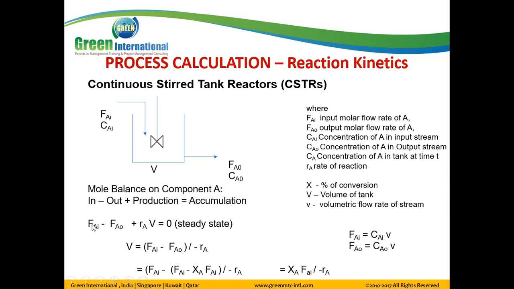Then the rate of reaction is multiplied by the volume of tank. When you solve this equation, you get V, the volume of tank, equal to FA0 minus FA divided by minus RA. So if you derive it, you will get this formula.